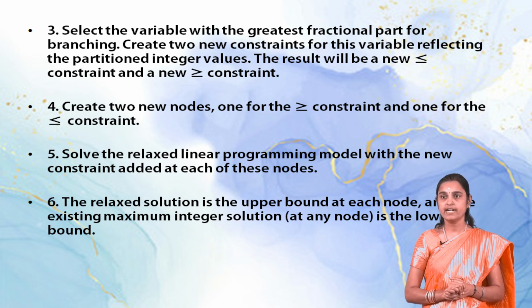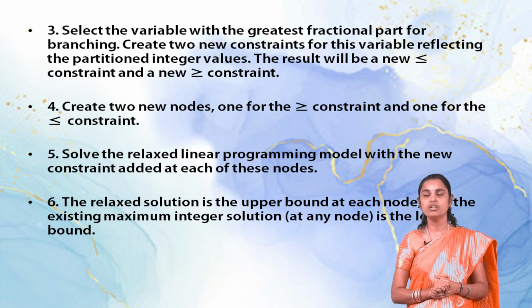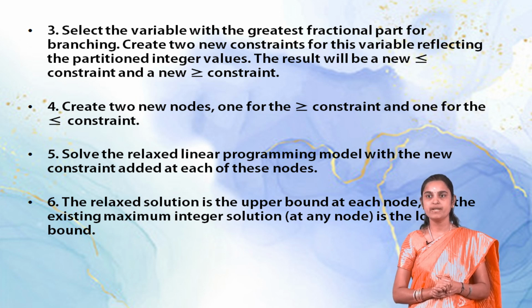In step 4, create 2 new nodes, one for the less than or equal to constraint and one for the greater than or equal to constraint. In step 5, solve the relaxed linear programming model with the new constraint added at each of these nodes. In step 6, the relaxed solution is the upper bound at each node and the existing maximum integer solution at any node is the lower bound. If the process produces a feasible integer solution with the greatest upper bound value of any ending node, the optimal integer solution has been reached.